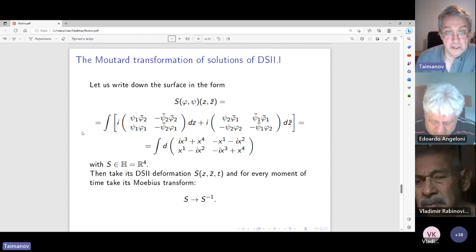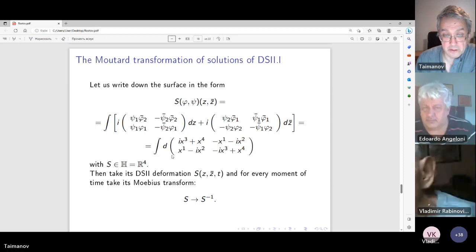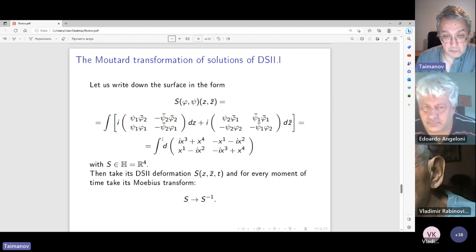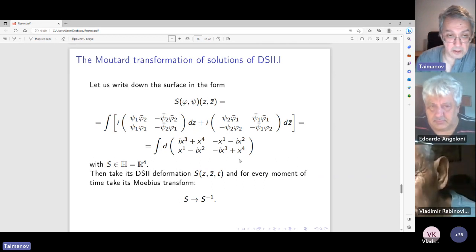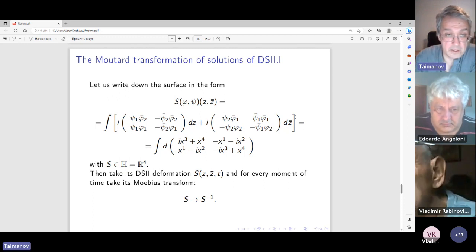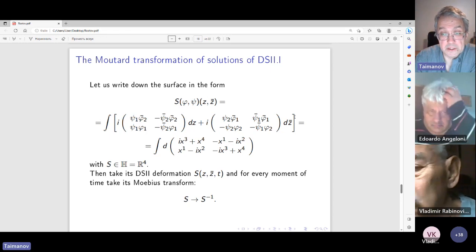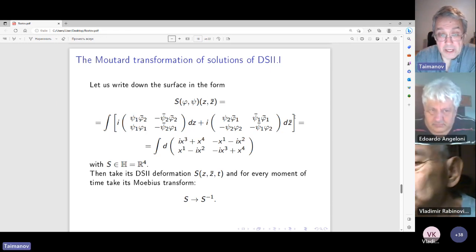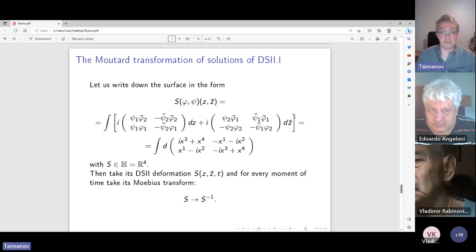So that's this formula S, the surface in terms of quaternions. The previous equations are written with the previous formulas substituted. We have this line, which depends on psi and phi, and this is the surface. We just rewrite the original representations in terms of 2 times 2 matrices.